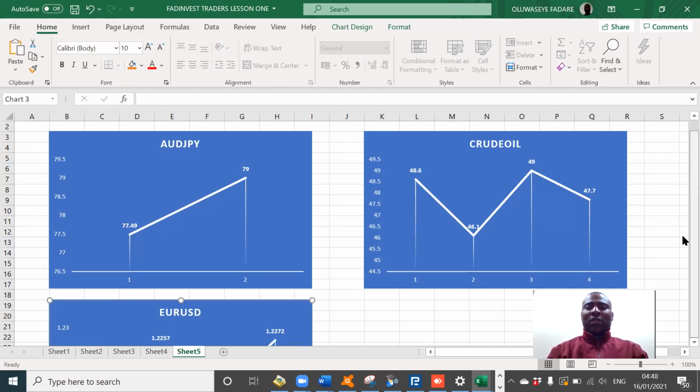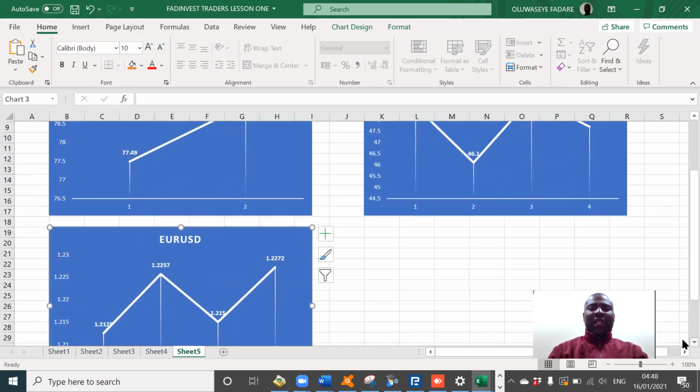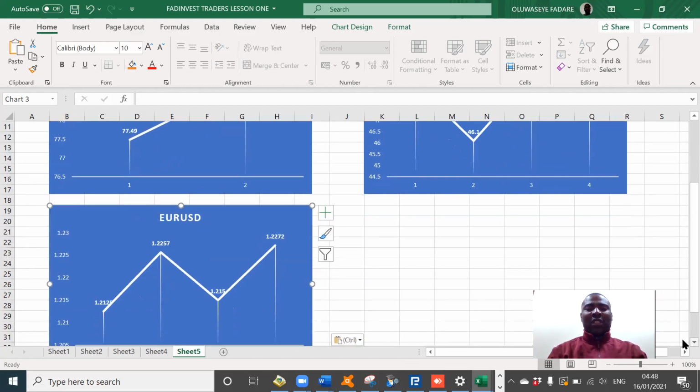So you can see with just these few data, we are able to have an idea of what direction the market is going. Based on this, it will continue to affect us. The idea is for every move of this market within this period, we should be able to take an action to give us the best results and the best profit from the market.